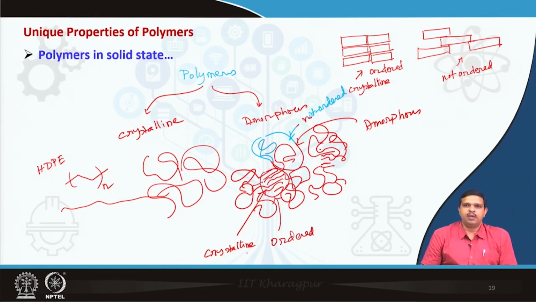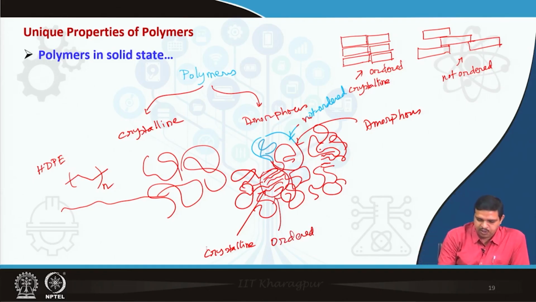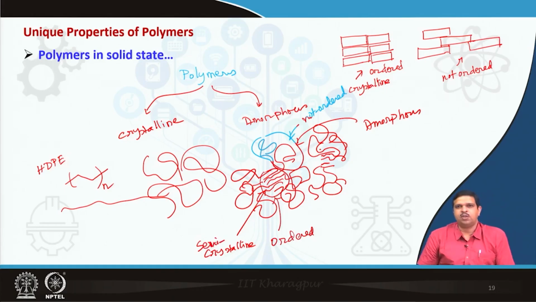Due to this crystallinity, some interesting properties evolve in the polymer. As an example, if the polymers are crystalline, if crystallinity increases, what happens then?